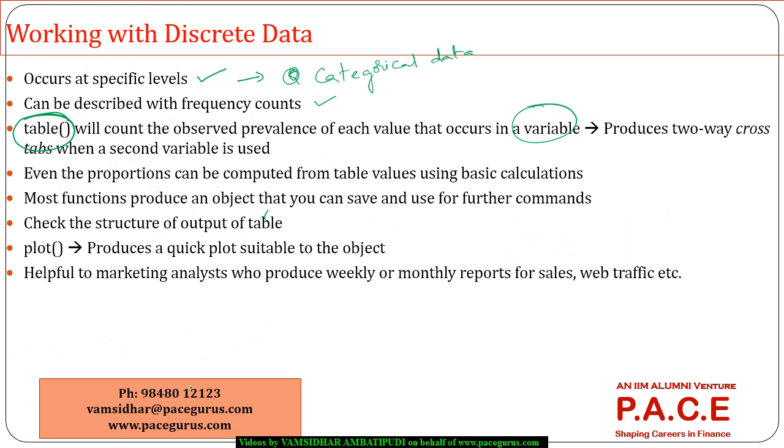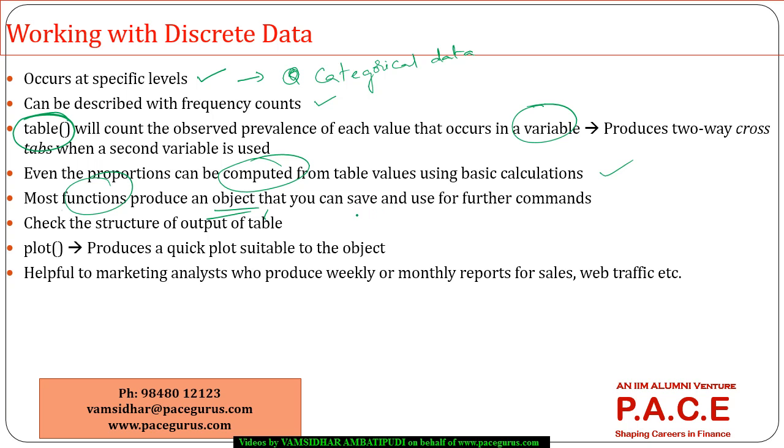So some kind of operations also can be performed, proportions can be computed. Once the table is done, the table can be assigned to a variable, and different kinds of calculations can be performed on the table more or less in the same way as we are performing on the normal data. So that is what I am mentioning here. Most of the functions in R produce an object.